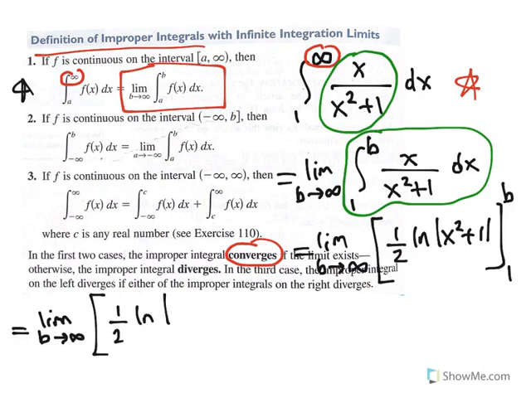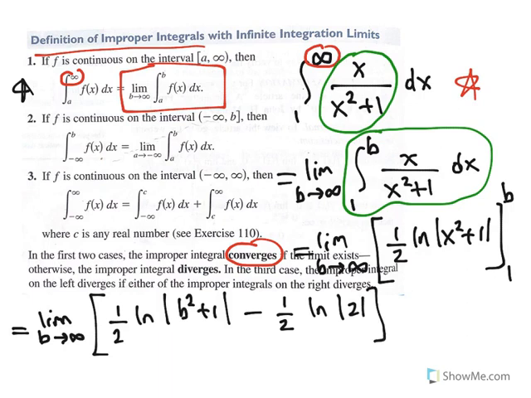I replace x with b, so I have the absolute value of b squared plus 1, minus 1/2 times the natural log of the absolute value of x squared plus 1. So I replace x with 1. 1 squared is 1. 1 plus 1 is 2. So this is what we have.